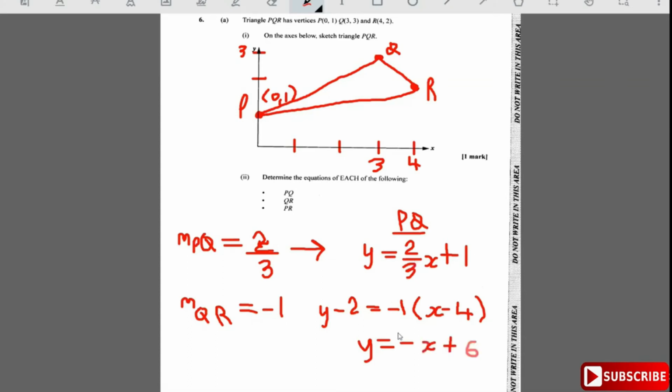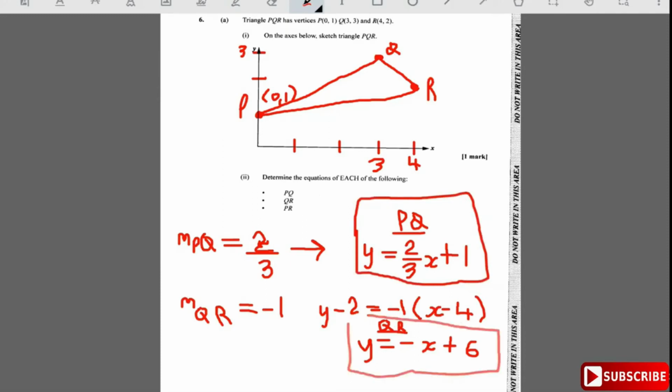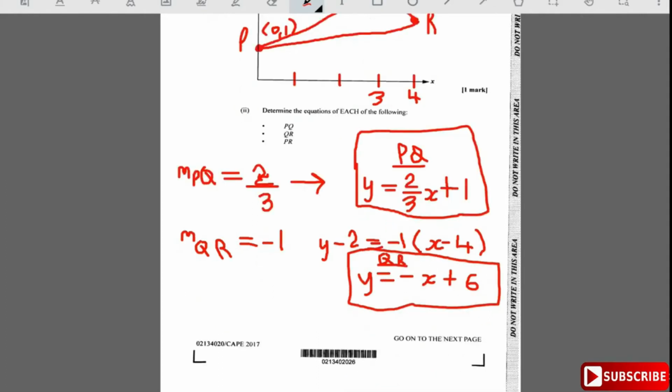This is the equation of QR. Let me just highlight them. This one is PQ. This one is QR.